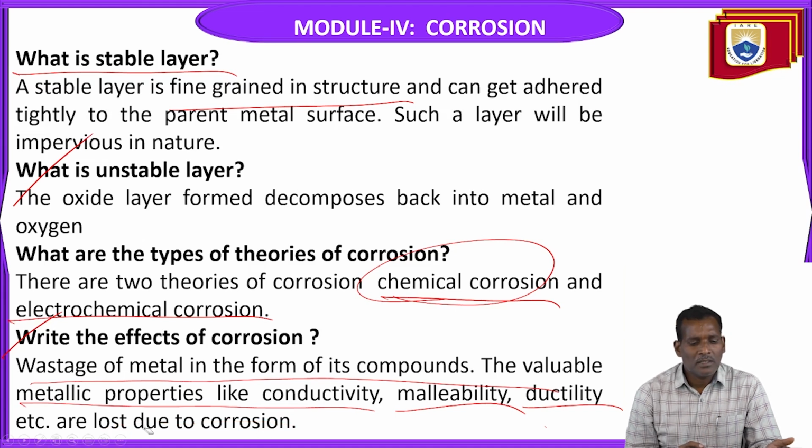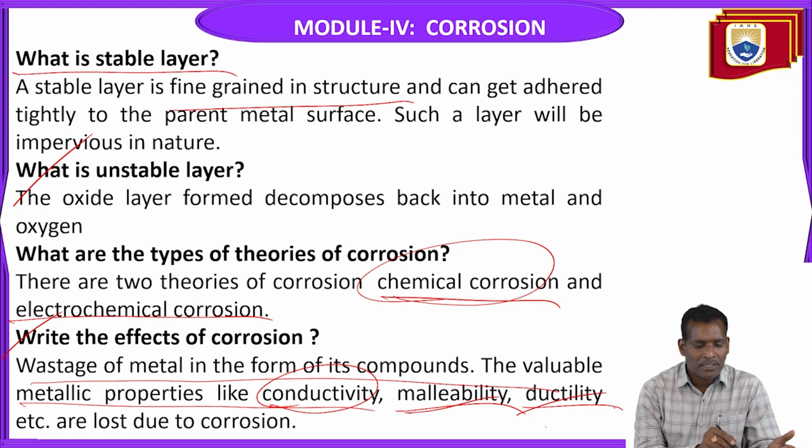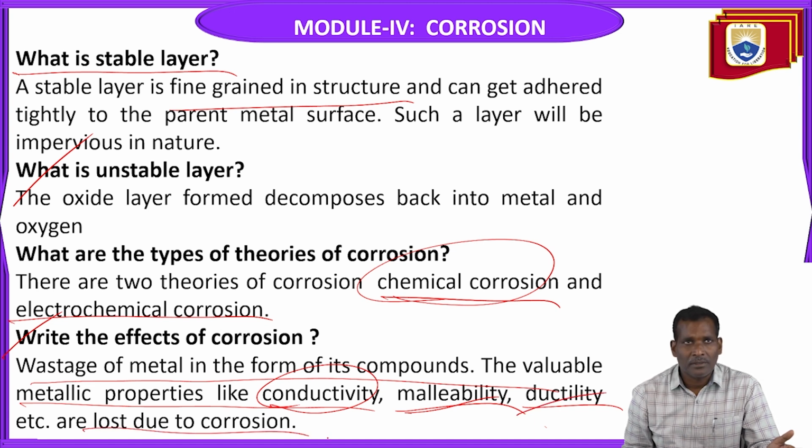So here the effects of corrosion are wastage of metal in the form of some metal compounds, and the metallic properties like conductivity, malleability, and ductility, etc. are lost due to this corrosion.